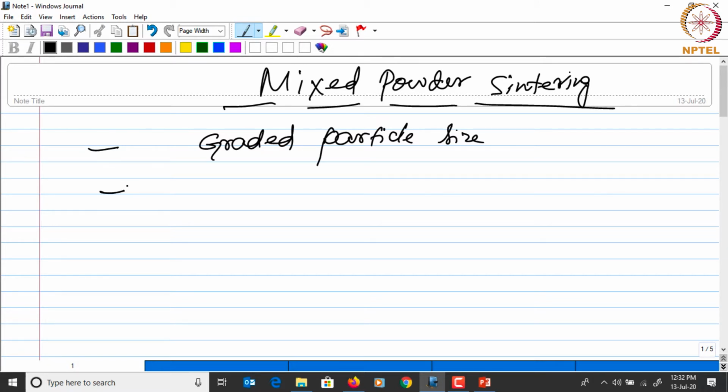Second, a mixture having two or more metal powders for making alloys.